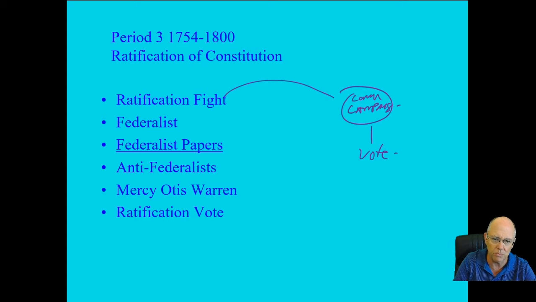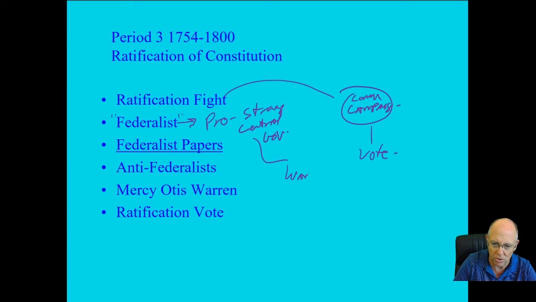There's two groups. The first group is known as the Federalists. These were guys who were in favor of the Constitution, pro-strong central government, and they wanted the Constitution adopted.